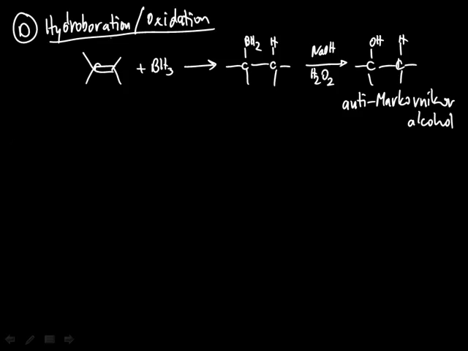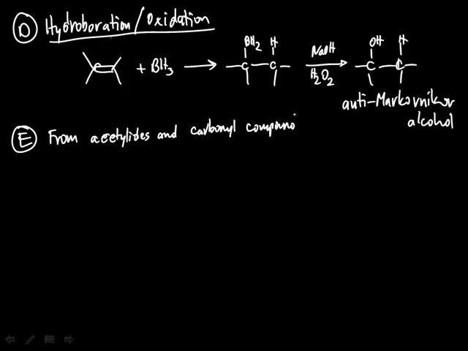Another way to make alcohols would be from acetylides and carbon compounds. As we've seen a little earlier, one or two lectures ago, when we talked about acetylides, they're good nucleophiles and they can attack carbonyl compounds.